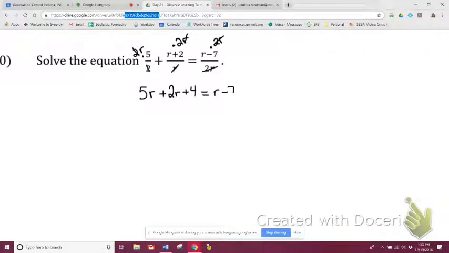So 2 are automatically canceling. Yep. Because this cancels out all of our fractions. So all of our fractions are gone. We're just left with a multi-step equation. So here I would combine these two terms. They're both on the left side of my equal sign, so I just put them together to get 7r.